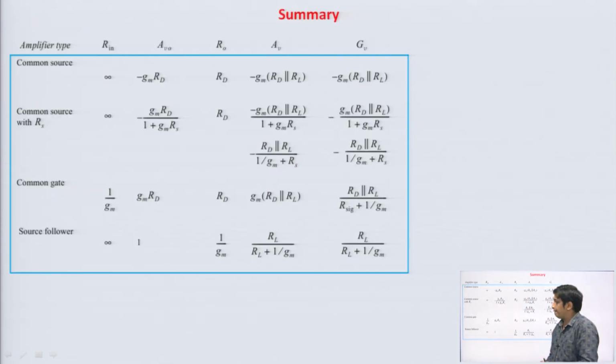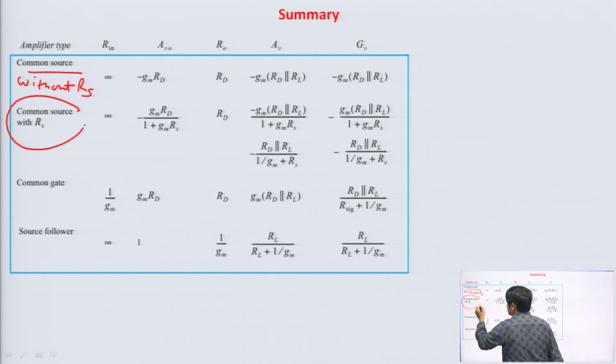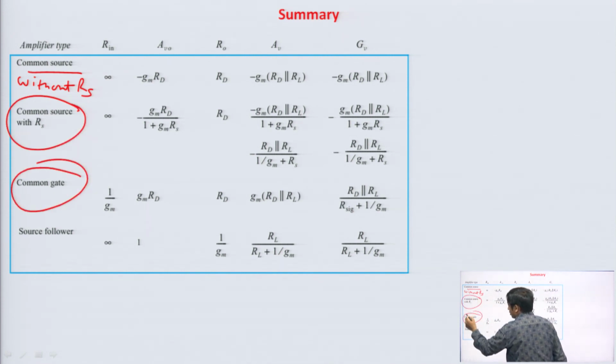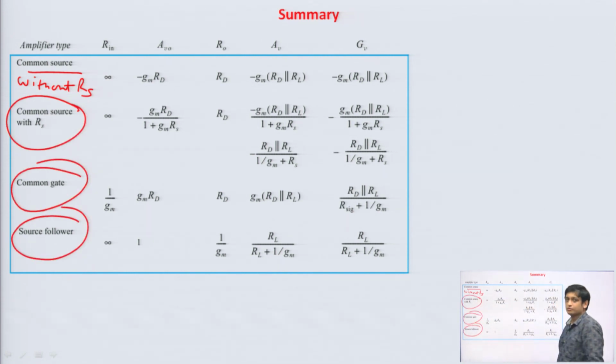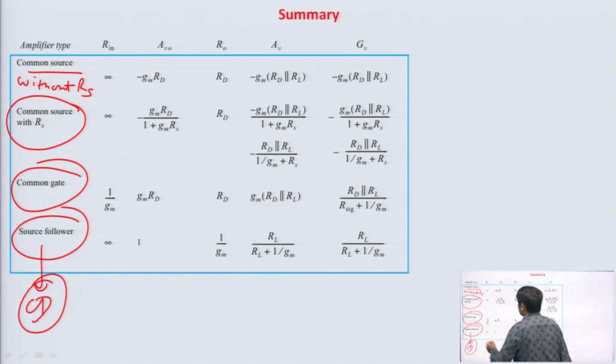Now, see, this is just the summary comparison chart of the amplifiers. First case, this is your common source without source resistance. Next is common source with source resistance. Next one is common gate, and the last one is source follower. That source follower is your common drain amplifier.